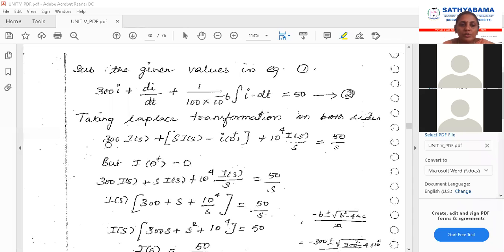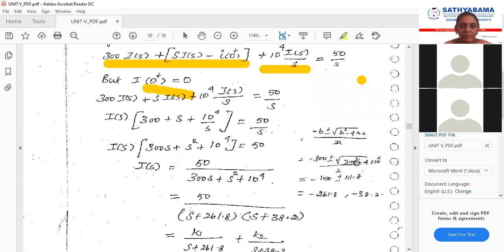Okay. So 300 into I of s plus s into I of s minus I of 0 plus 10 power 4 into I of s by s is equal to 50 by s. 10 power 4 you had got from this: 100 into 10 power minus 6 will be 10 power minus 4, taking to the numerator will be 10 power 4. Okay, now put I of 0 is equal to 0.